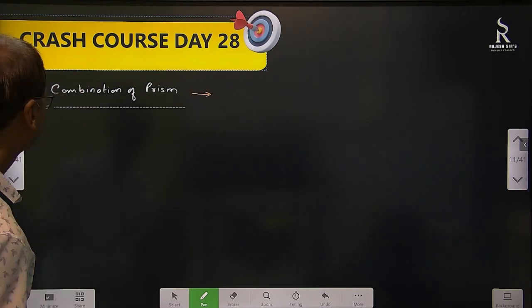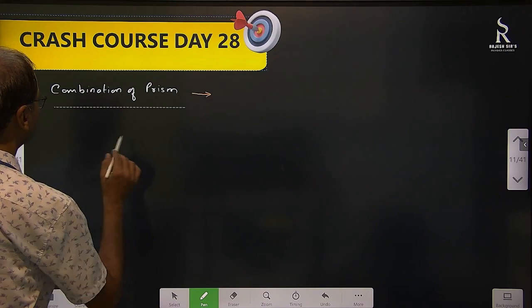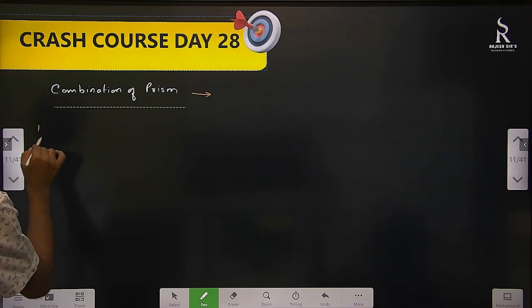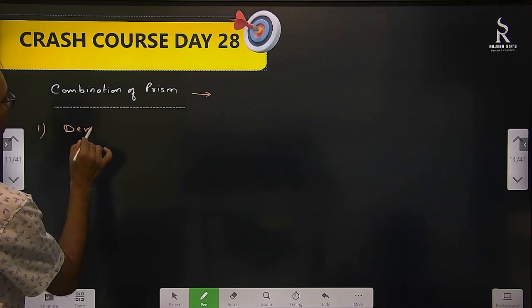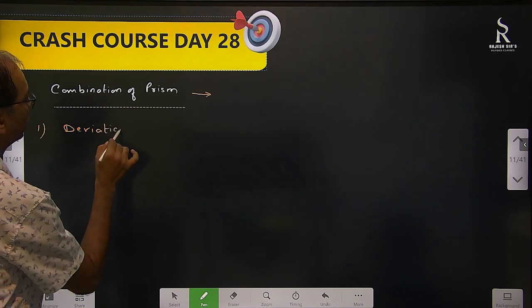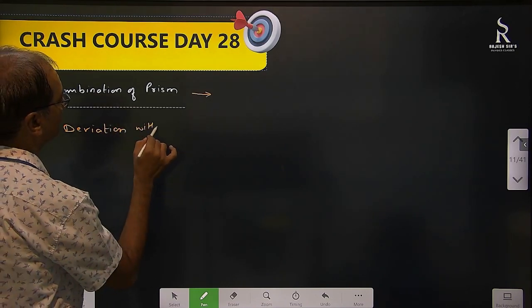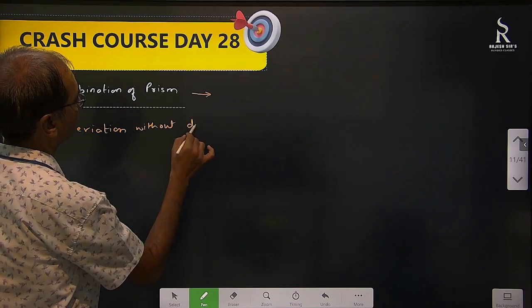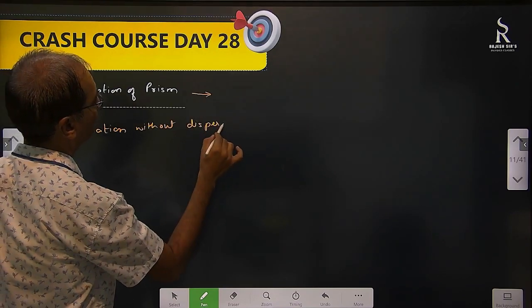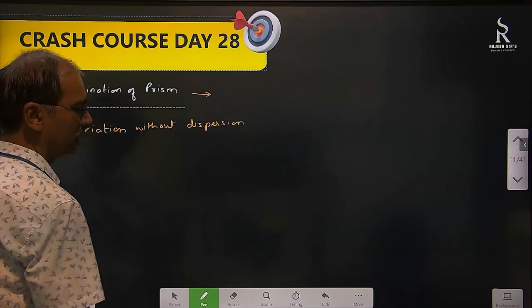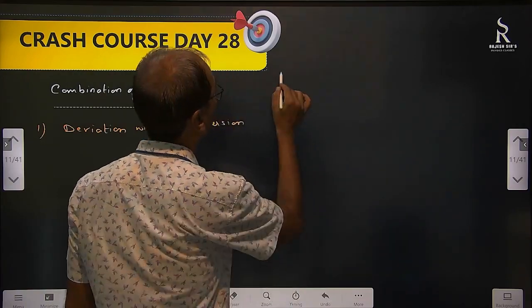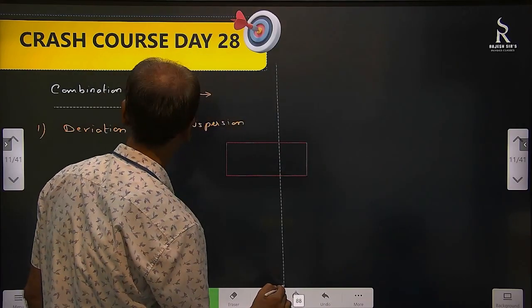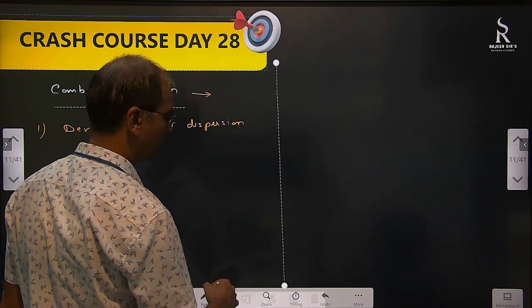So we produce a combination that will either produce deviation without dispersion, or second case, dispersion without deviation.